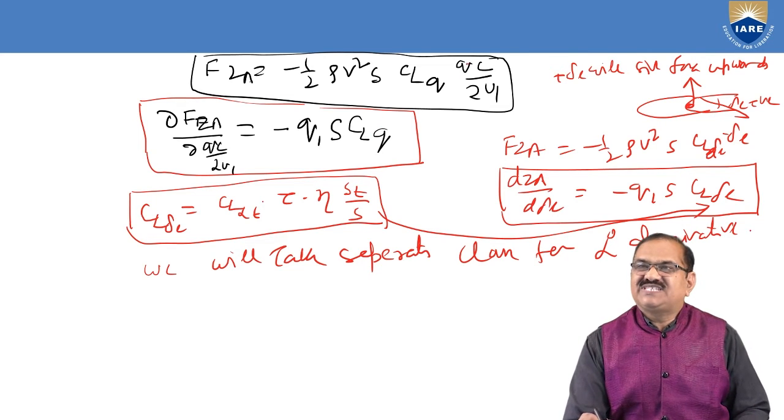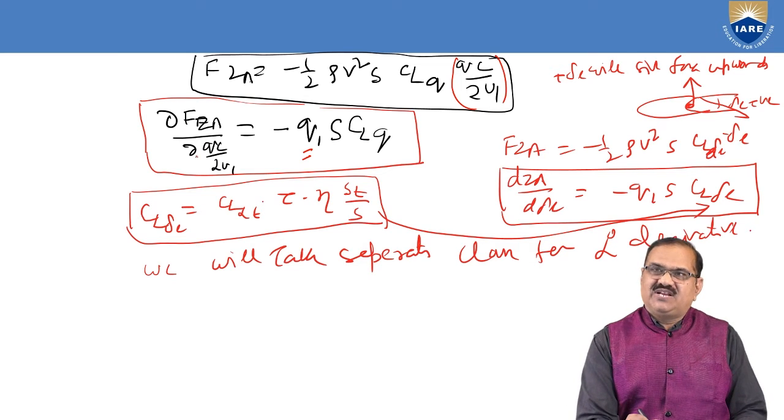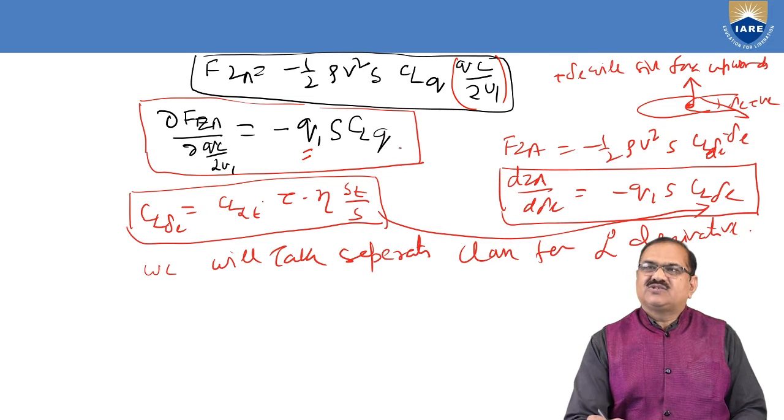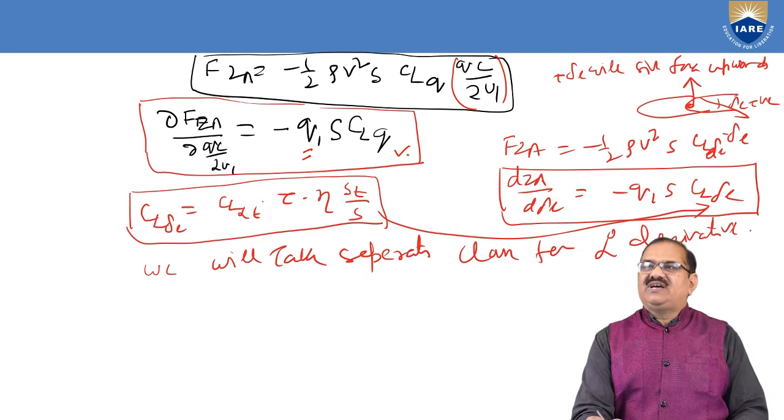So if we differentiate, this will become out. Here half rho V square is equal to Q1, S and CLQ. So dou FZA by dou QC by 2U1 is equal to minus Q1 S CLQ. Okay, so we have got the result.